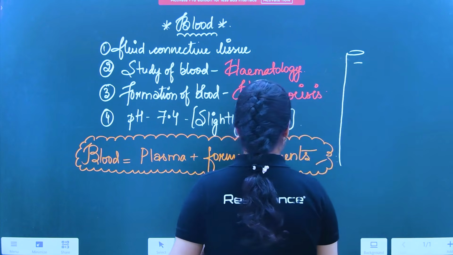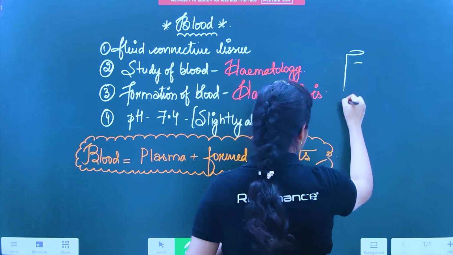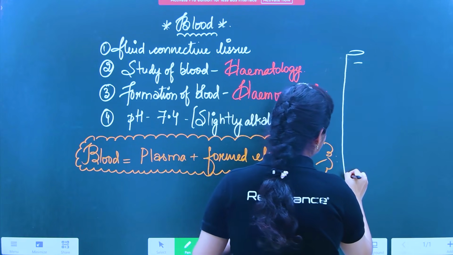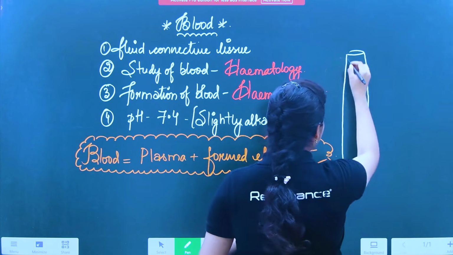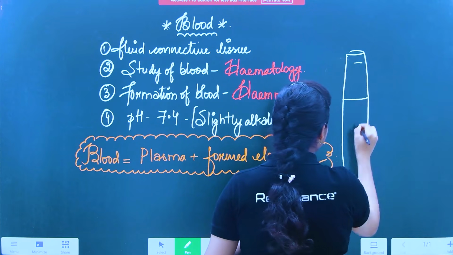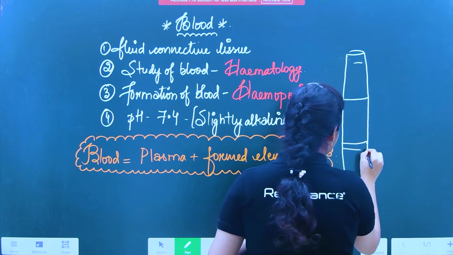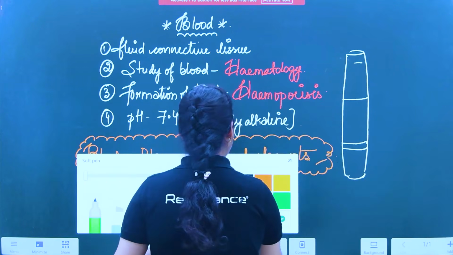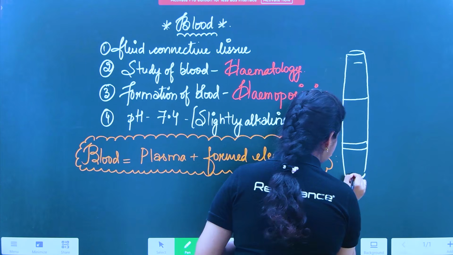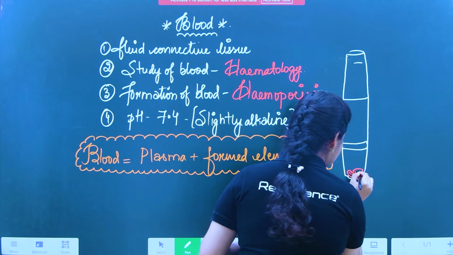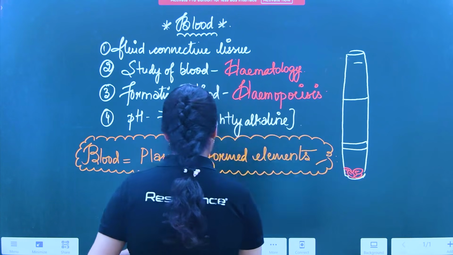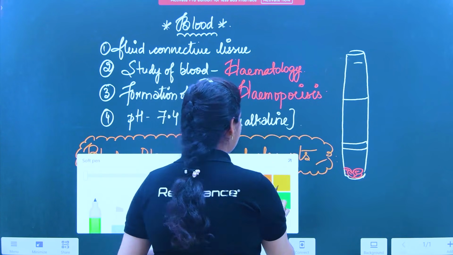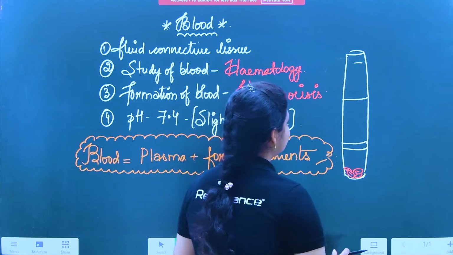you can see layers like this. At the bottom, you will see some precipitate. So what exactly is this?